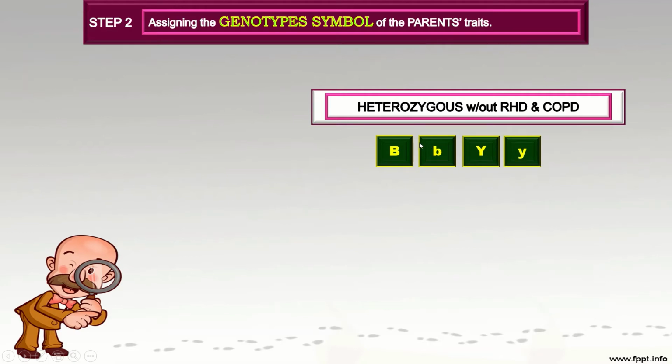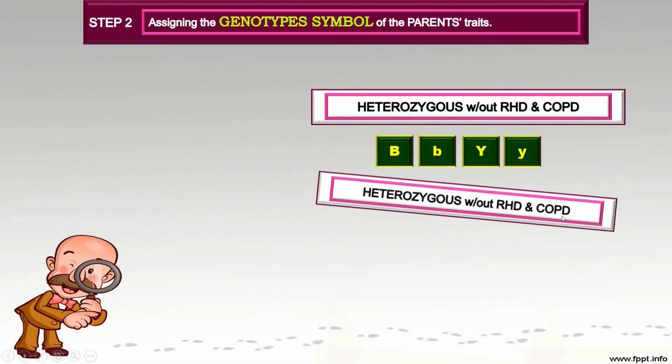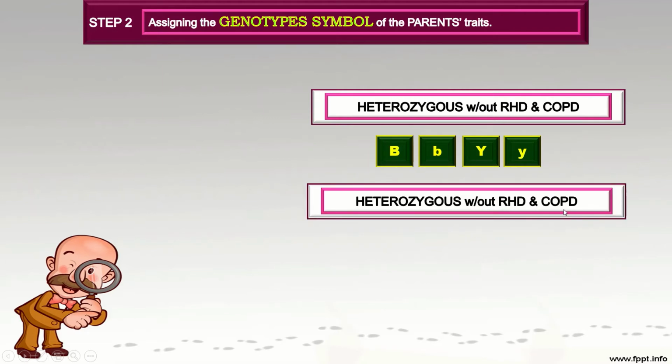It could also be read as heterozygous without RHD, and heterozygous without COPD. First trait and second trait. So let's assume this is the mother. The father's trait is also the same, and it has the same genotypic symbol.